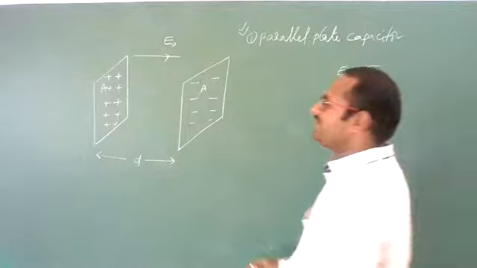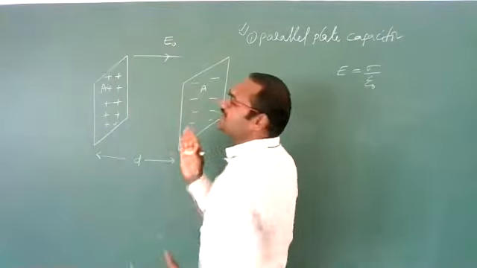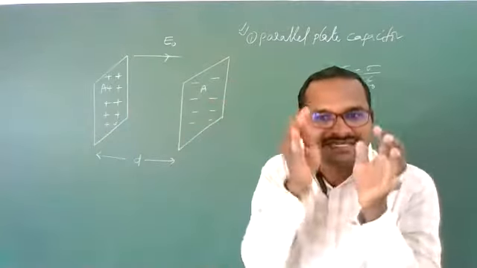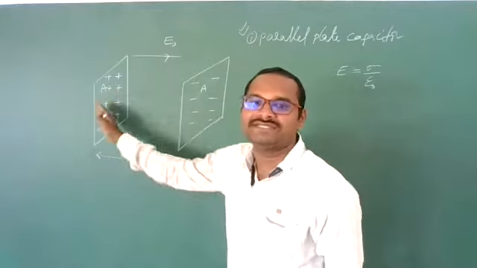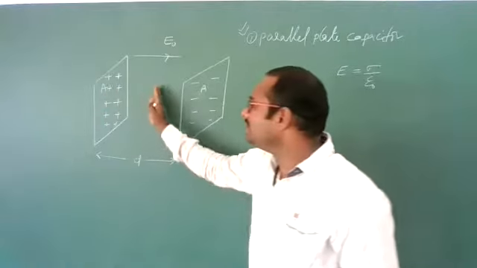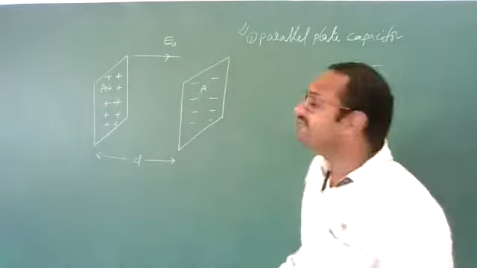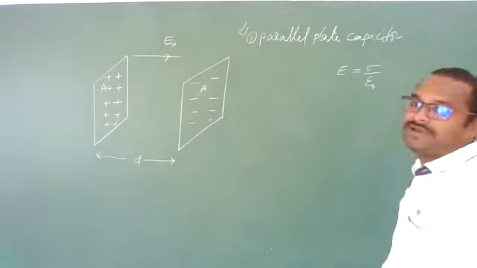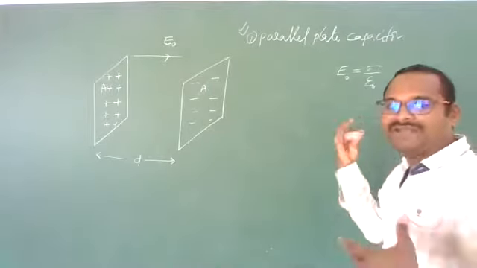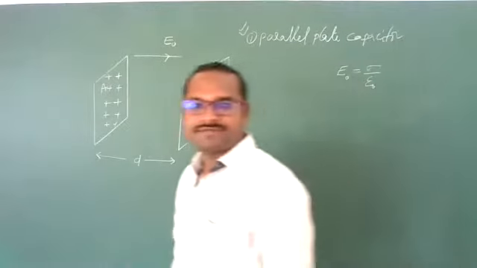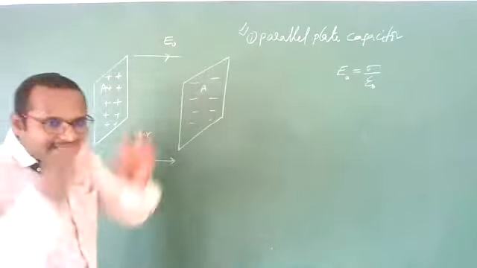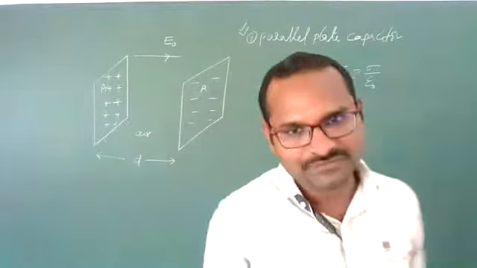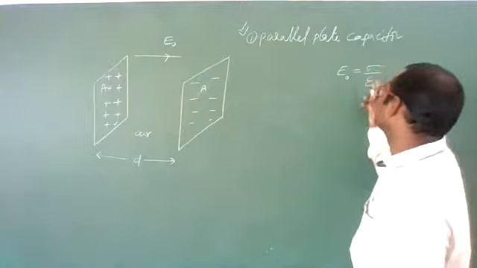Whenever two conducting plates are separated by some distance, and the charges are equal in magnitude and opposite in nature, then in the middle region the electric field is sigma by epsilon naught. Here E naught, the applied electric field, is sigma by epsilon naught. Let us suppose air is filled between these two plates. Now, the electric field between them is sigma by epsilon naught.